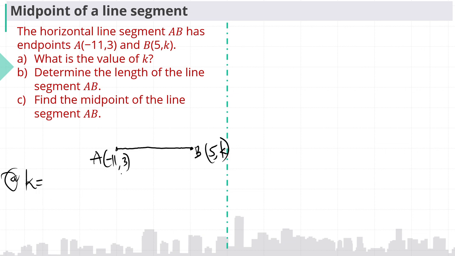Since the 2 points A and B are at the same level, there is no inclination. They are at the same level. So it means that the value of K is simply the y coordinate of A. K equals 3.